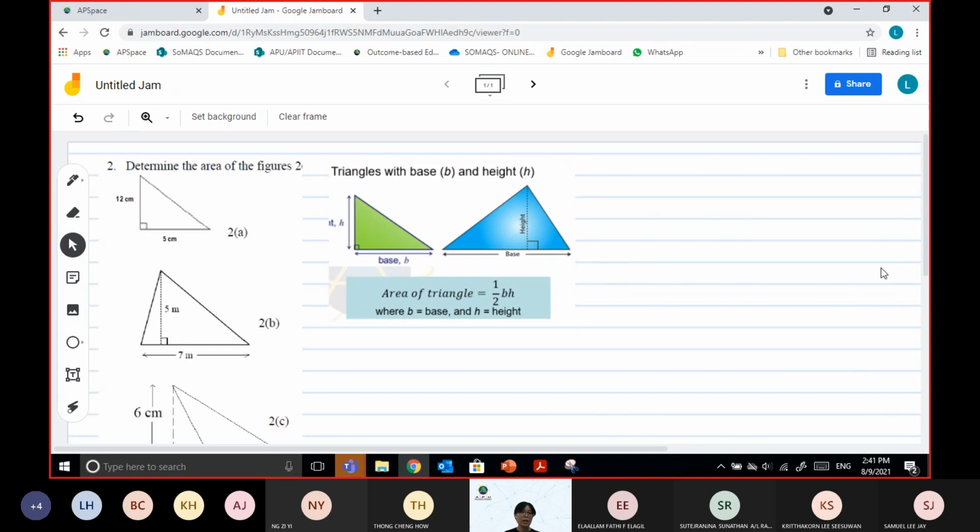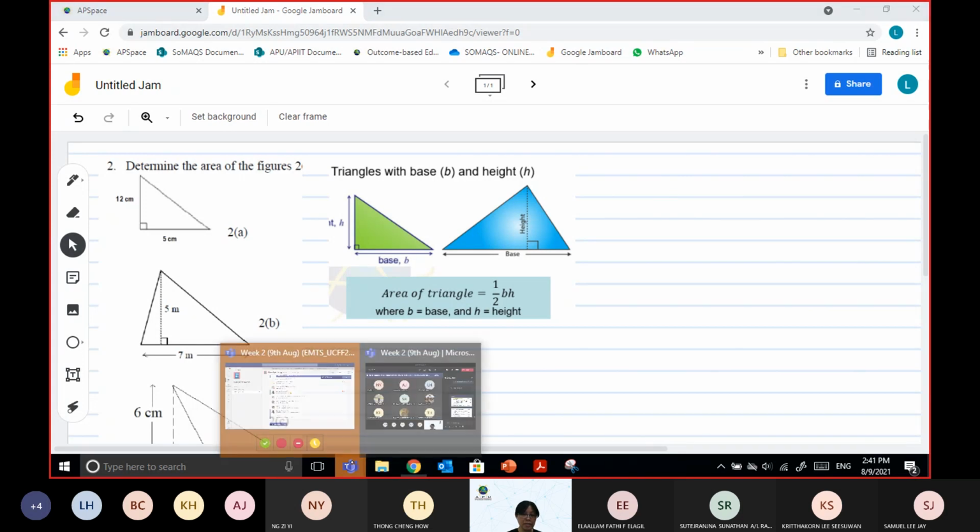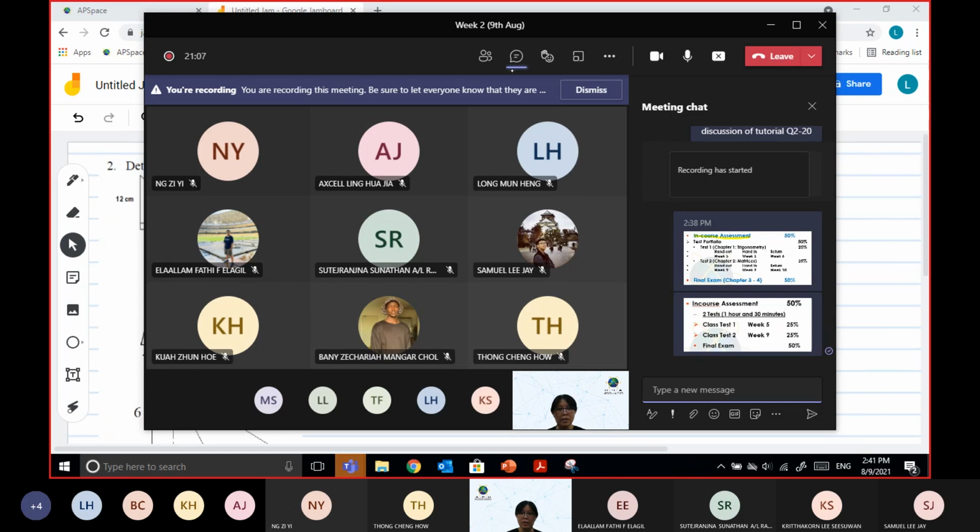I think questions 2A and 2B should be quite simple, because it's exactly like our formula. Can I have 2 students to give me the working and also the answer? You can just type, it's a very simple one.